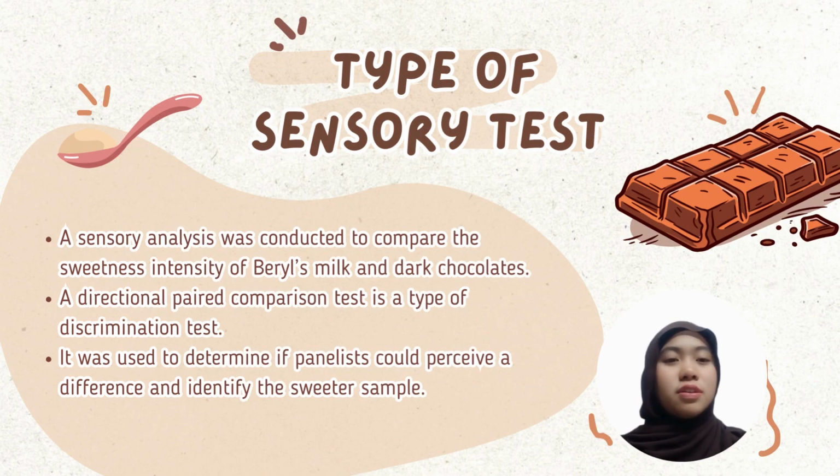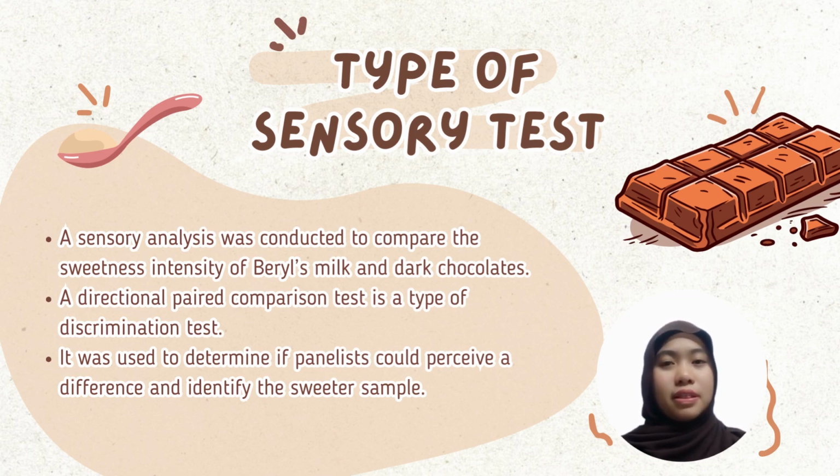For the type of sensory test, a sensory analysis was conducted to compare the sweetness intensity of Barrels milk and dark chocolate. This test is a directional paired comparison test, which is a type of discrimination test, and it was used to determine if the panelists could perceive a difference and identify the sweeter sample.